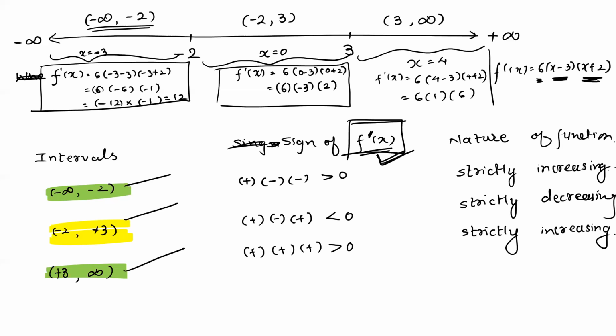There are 3 different intervals, of which 2 are giving strictly increasing and 1 is strictly decreasing. Still, one more will be required for practice purpose and you will be champion.